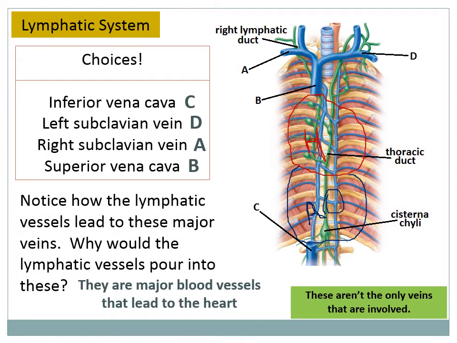It's because they're major blood vessels that lead to the heart. Remember that lymph goes to the heart. The only way to get to the heart is through veins. Now, just a disclaimer, these aren't the only veins that are involved, but these are our major blood vessels that lead to the heart.